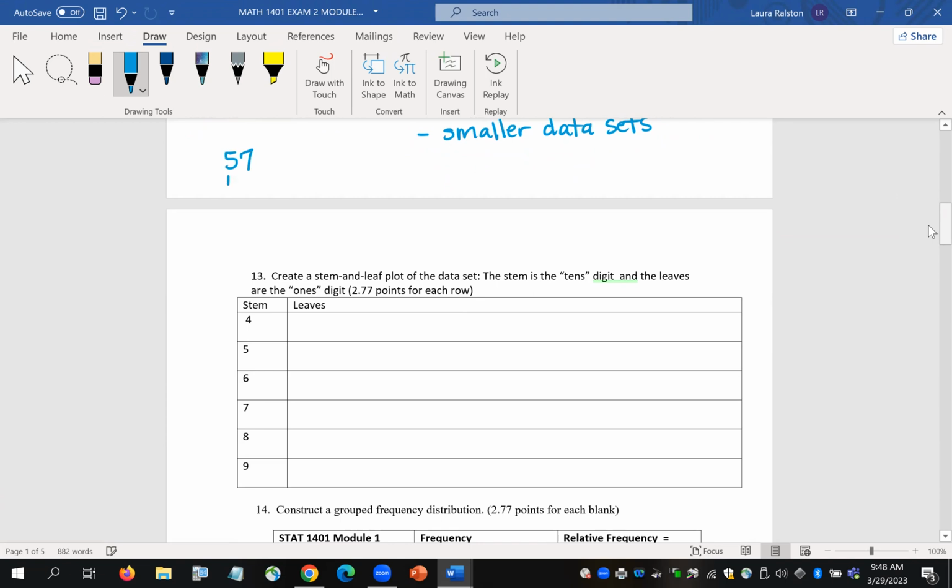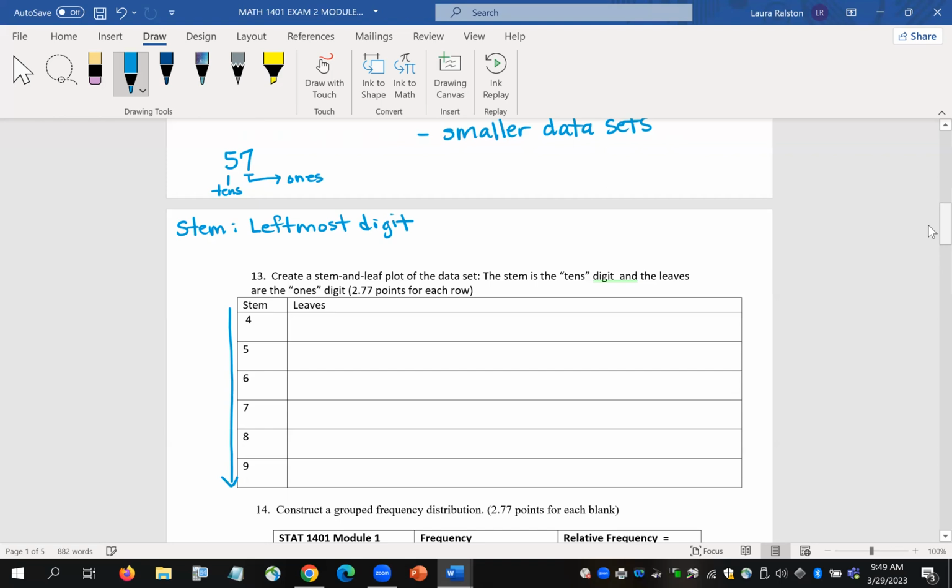So you have the tens digit, which is the leftmost digit, and you have the ones digit, which is the rightmost digit. For a stem and leaf, the stem is the leftmost digit, and they're normally listed vertically going down the column.